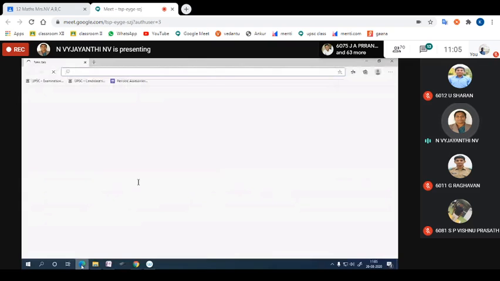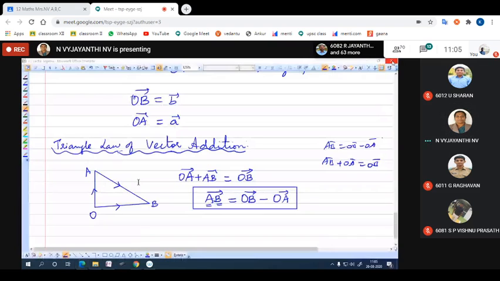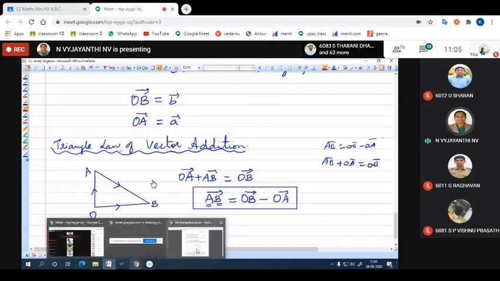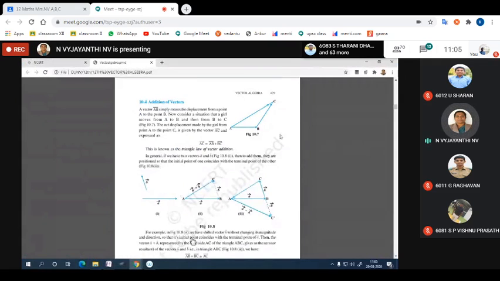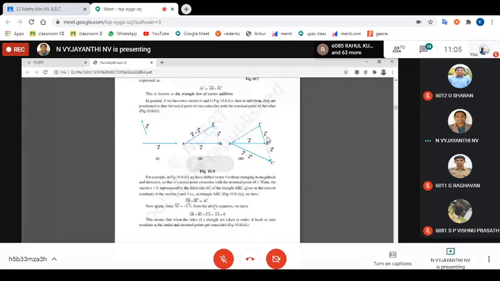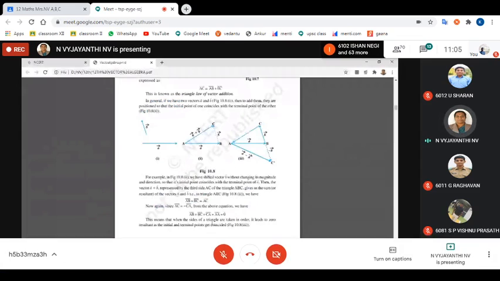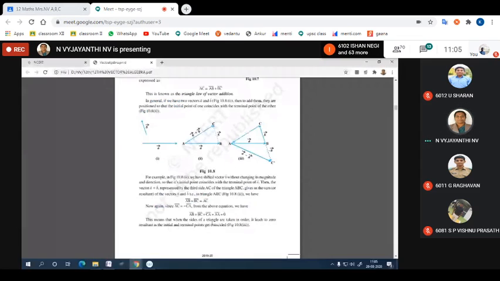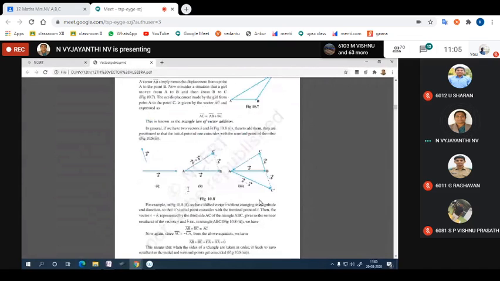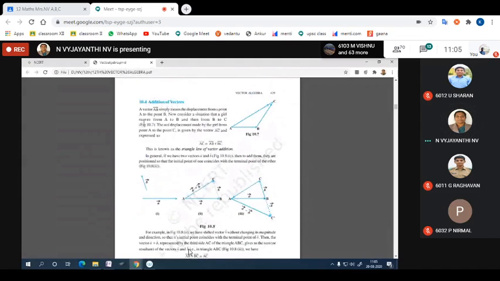How is this triangle law helpful for us? Let us see how we are going to add two vectors, subtract two vectors, and other things. Have you understood the triangle of vectors?